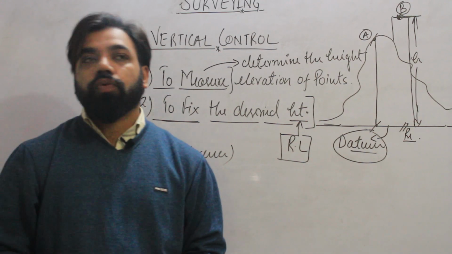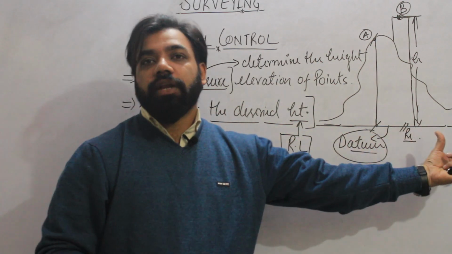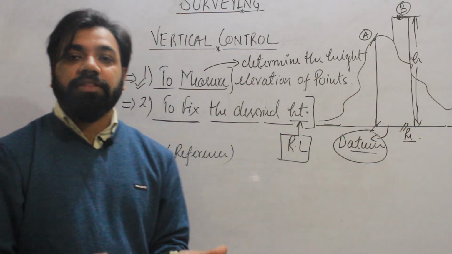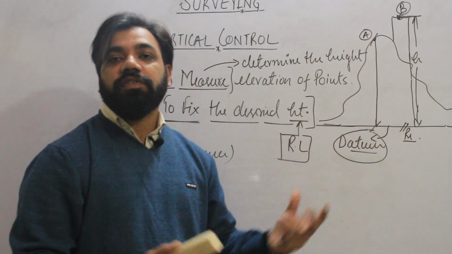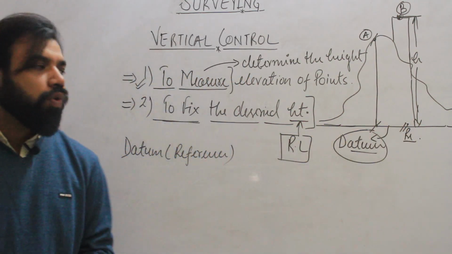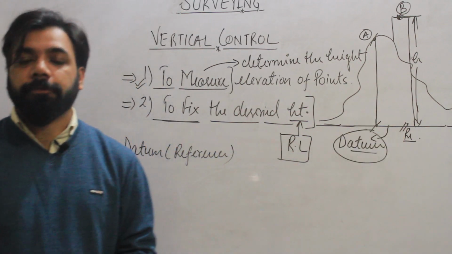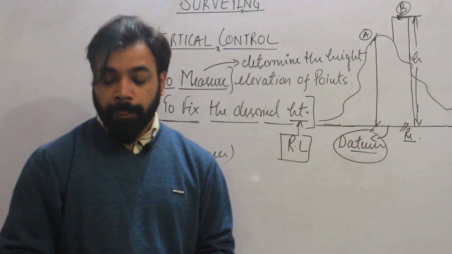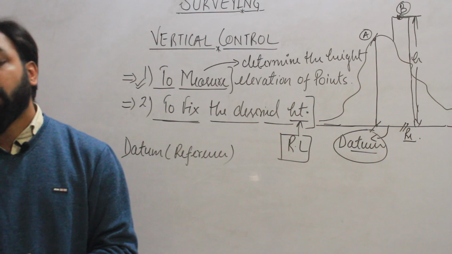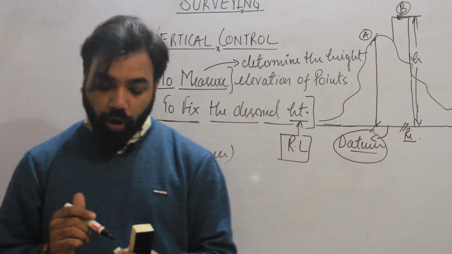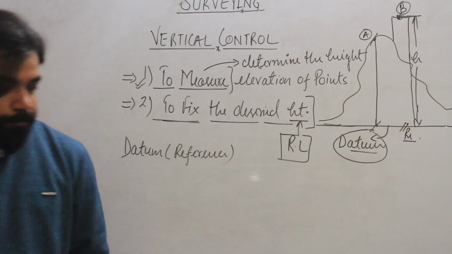Okay, so here I have mentioned the datum as a straight line, but in practical, you don't have this straight line in your field. So how will you establish the datum or reference in the field? This is the big question. So now we will see how to establish a datum or reference in the ground or in field.